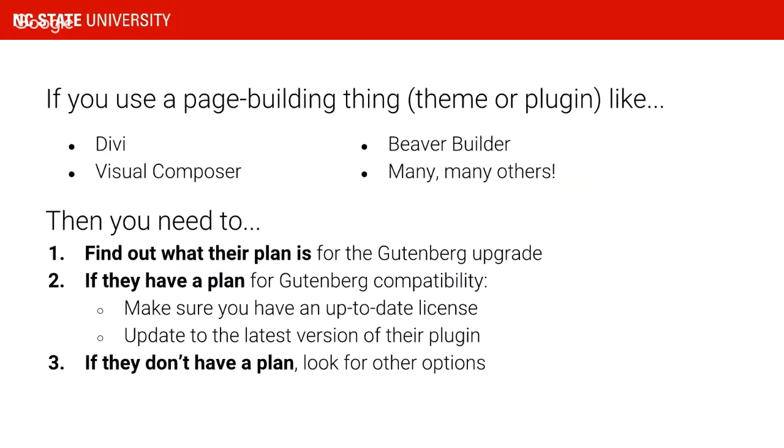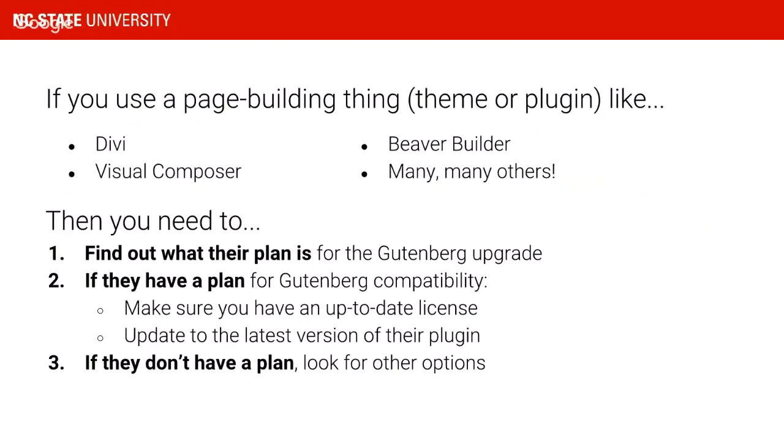Things like Divi, which has a subscription model and is a big company, or Visual Composer, I have to imagine they're working out a plan for Gutenberg compatibility. Other sites, like I think the Page Builder by SiteOrigin, their plan is just to disable Gutenberg, which is not really a plan because it means you're going to be left behind, because you definitely do want to be upgrading with Gutenberg.